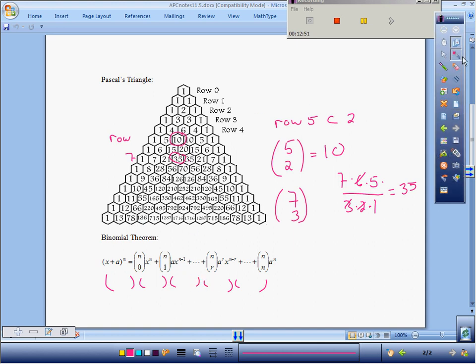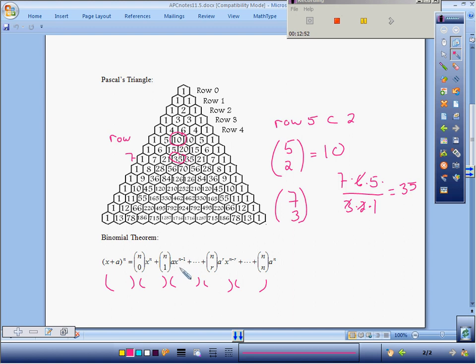So let me show you. The letters look kind of scary, but n choose 0, or n combination 0, is just 1, right? So you always start with this, which represents the coefficient. So this is going to be 1, and x to the n. So the first term is the first term of this expansion raised to the nth power.